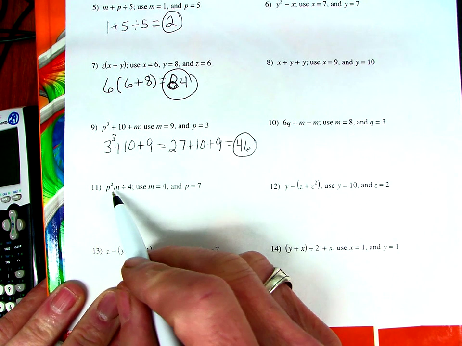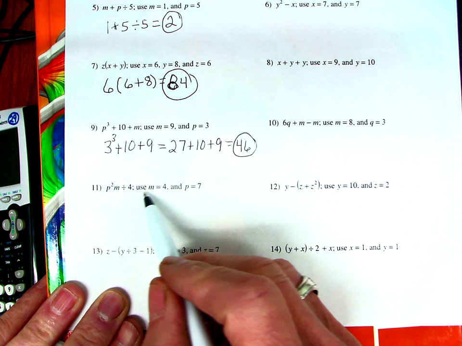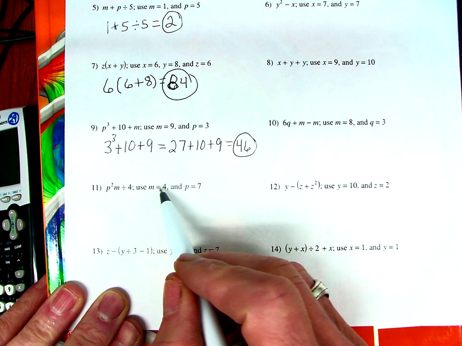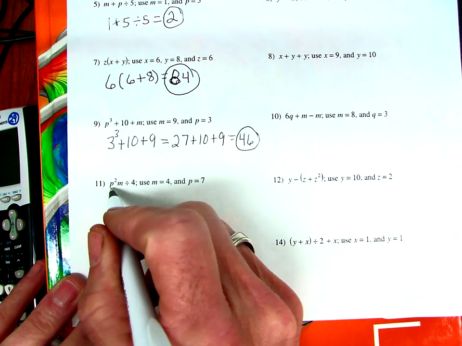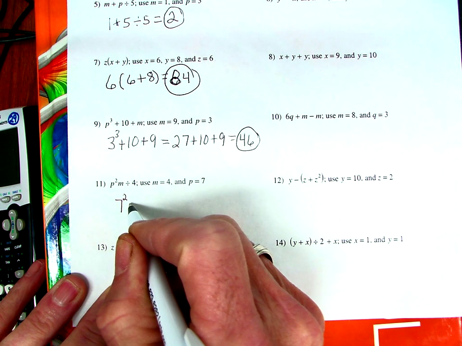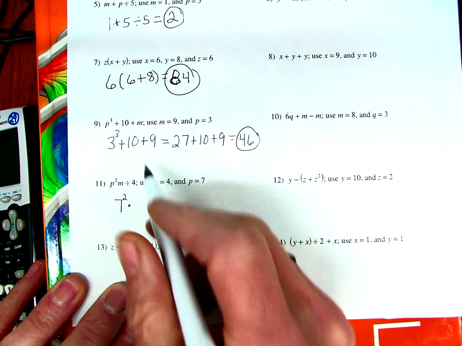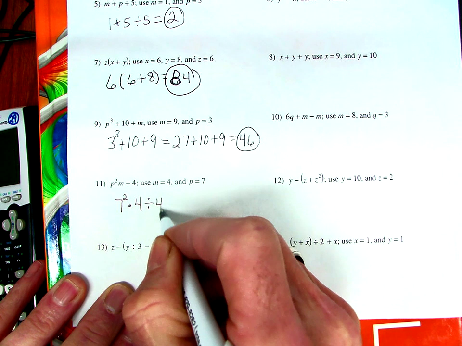Next one, p squared times m. These are right next to each other, so this means times, divided by 4. M equals 4, p equals 7. So we have p squared, so 7 to the second power, times 4, divided by 4.